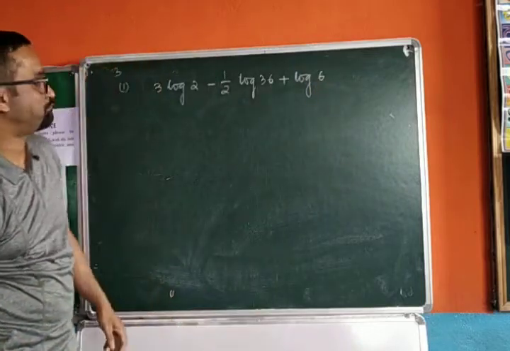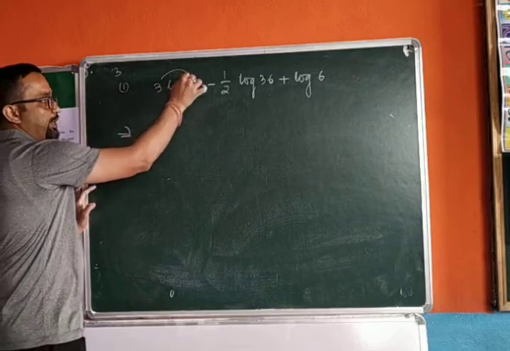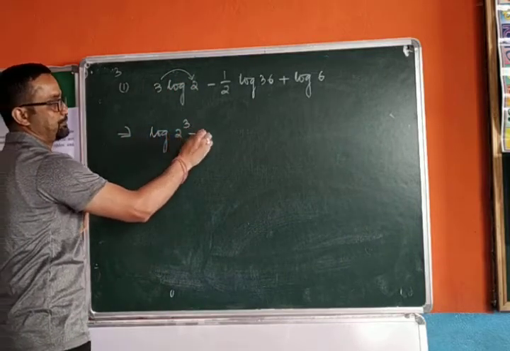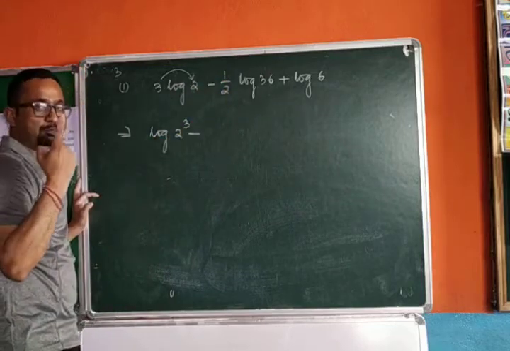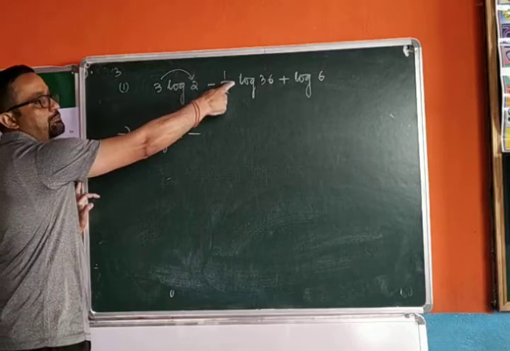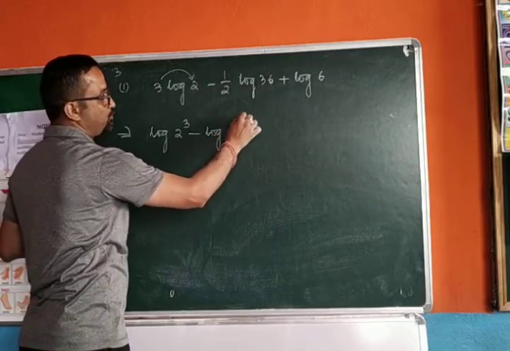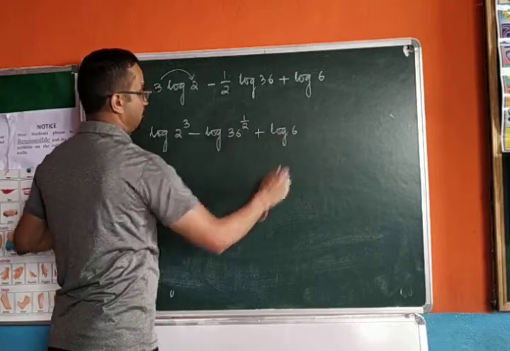Look at this one. 3 goes to the exponent, log 2 to the power of 3. 36 can be written as 6 to the power of 2, or bring the half here and multiply. Log 36 to the power of half, log 6.